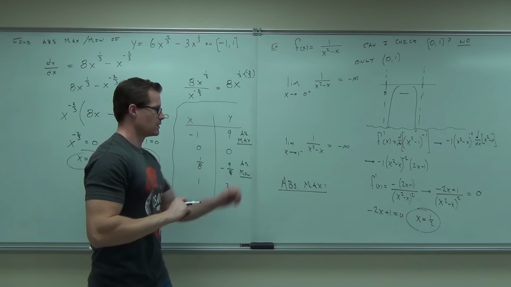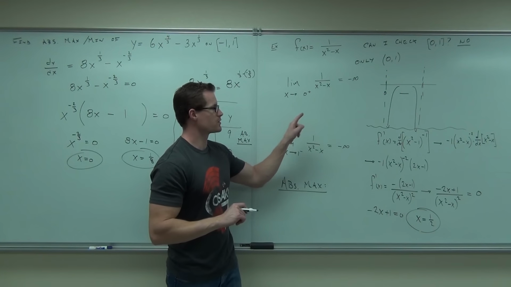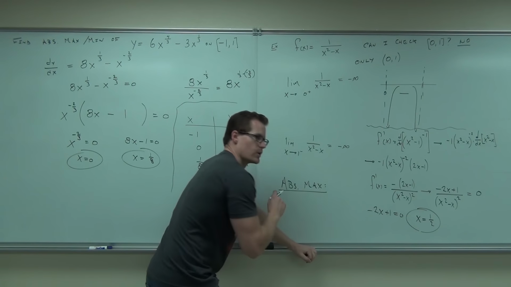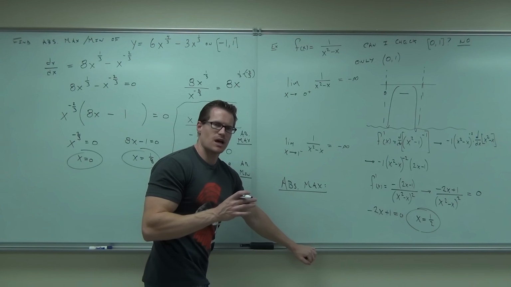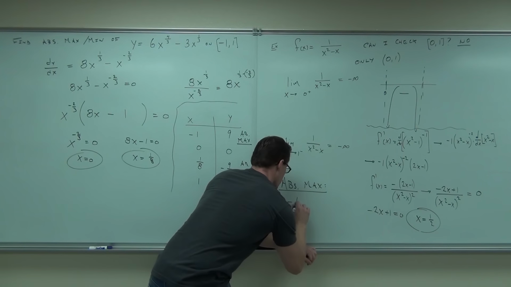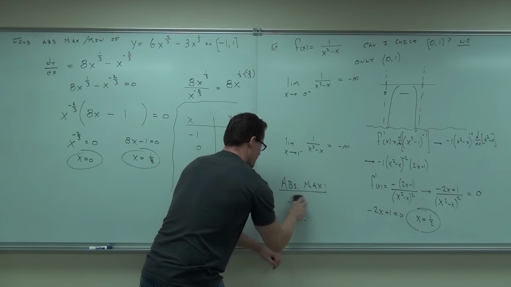What'd you get? Anybody else get -1/4? Yes. You plug it into, well, not your derivative, right? That would just give you slope. Plug it into here. So is the absolute max 1/2 or is absolute max -1/4? Wait a second, it's actually 4. It's 1/4 on the bottom.